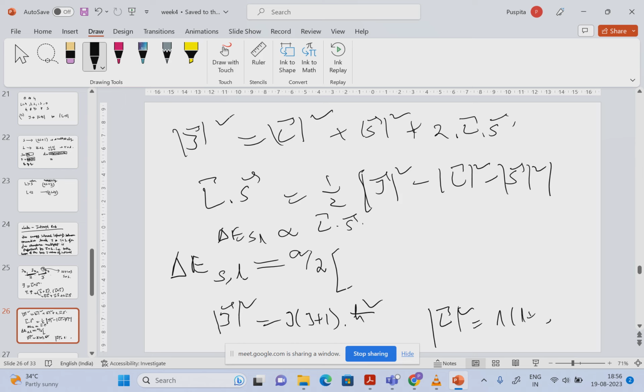L square is L into L plus 1 h cut square, similarly for S. So this term will be J into J plus 1 minus L into L plus 1 minus S into S plus 1, times h cut square.